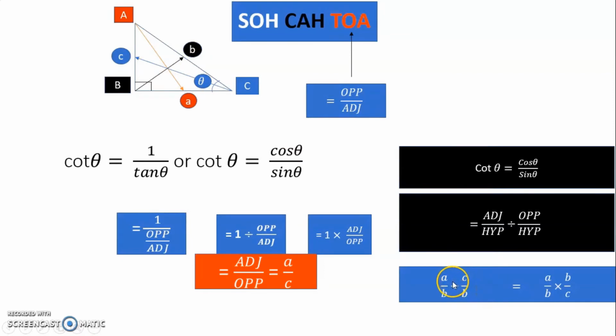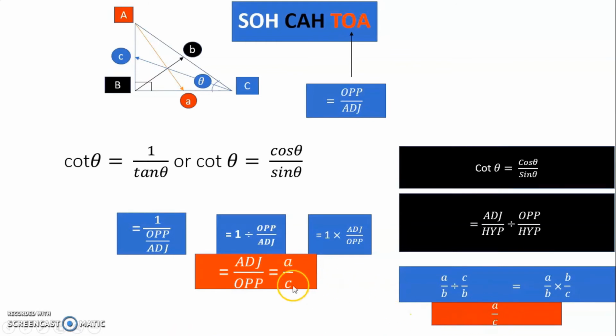Now, if I want to change this to multiplication, I find the inverse of C over B, which is B over C. So B can cancel out B, remaining A over C. So we are having A over C as the final solution. Now, if A over C is the final answer here, that means this value is equal to this value.